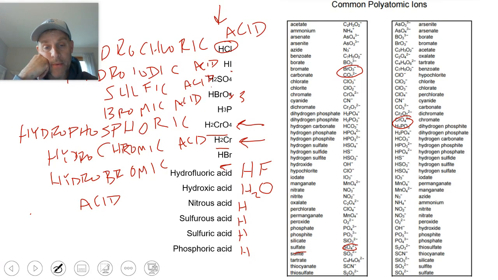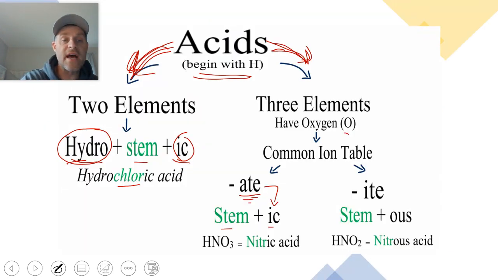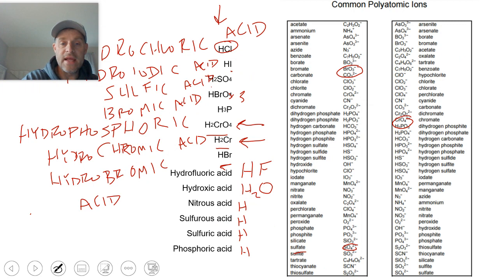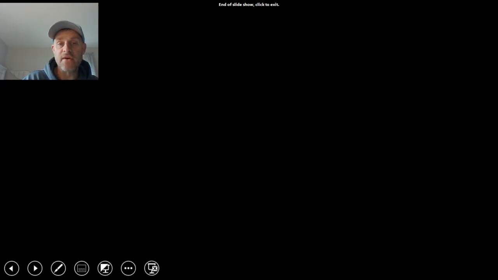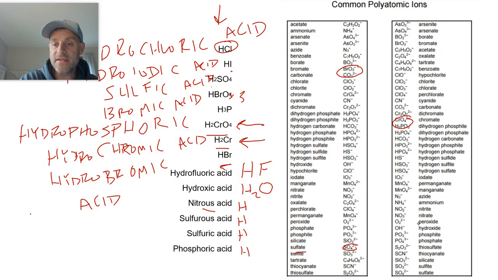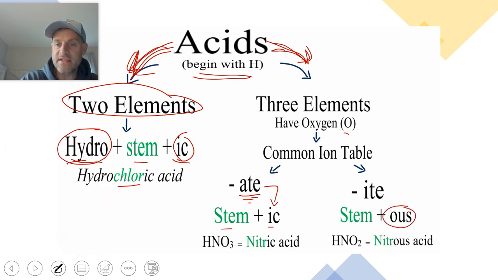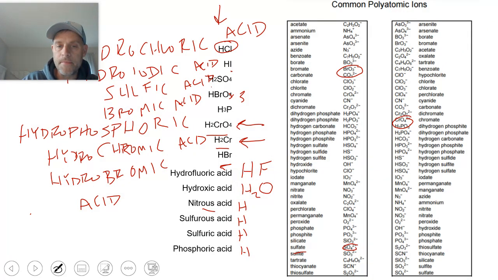Okay. How about the next one, nitrous acid? Well, it doesn't start with hydro, so I know it's not a 2 element. I have to come over to the 3. It ends in ous. That tells me it must have been an ite. And what's the stem?